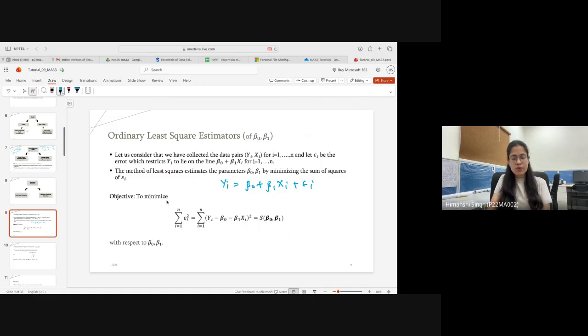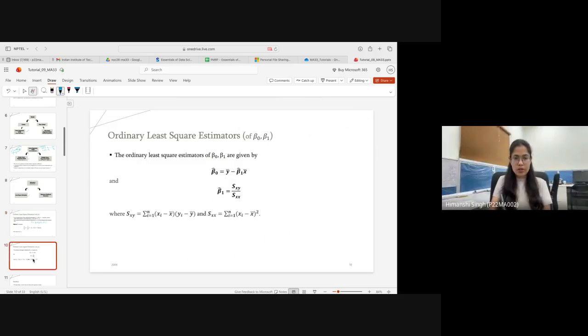So we want to minimize it. In order to minimize it, we will differentiate it with respect to beta naught, differentiate it with respect to beta 1, and equate to zero to find the values of beta naught and beta 1 as a function of yi's and xi's. By doing the whole process, as also discussed in the class, we got the estimates: beta naught hat is y bar minus beta 1 hat x bar, and beta 1 hat is sxy divided by sxx, where sxy is this one.